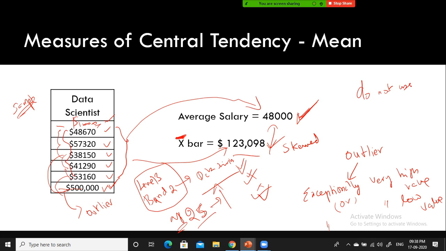And if you have an outlier in the data, we call that skewed data or heavily skewed data. If the data set is heavily skewed, then please don't use mean. Mean is not helpful.